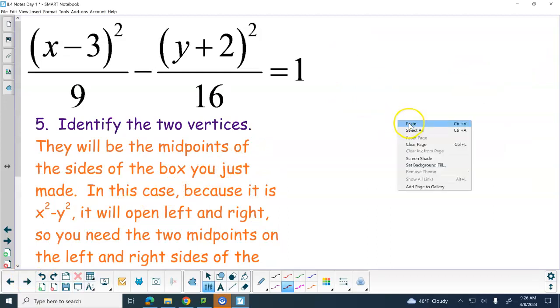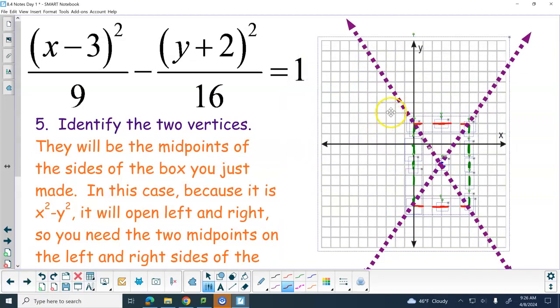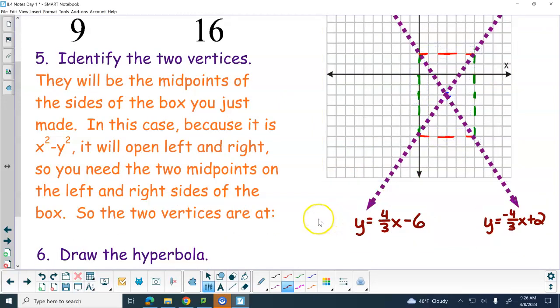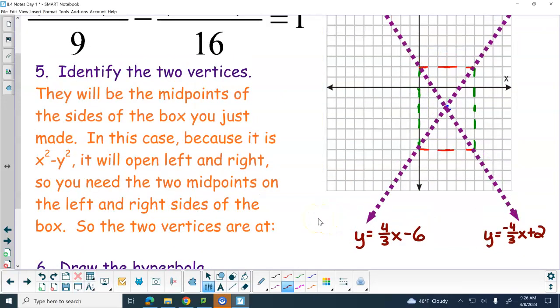Step 5 now says that we need to identify the two vertices. The two vertices are going to be the midpoints of the sides of the box that we just made on the two sides for the direction of opening.